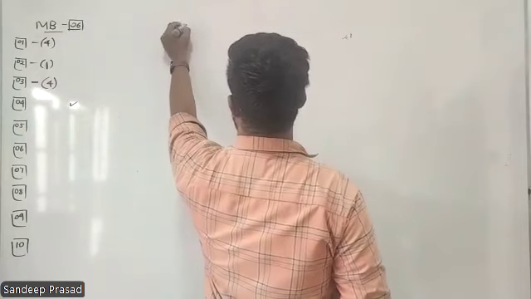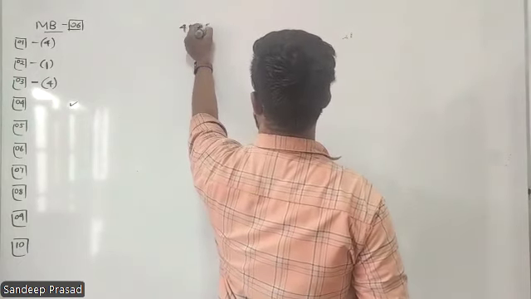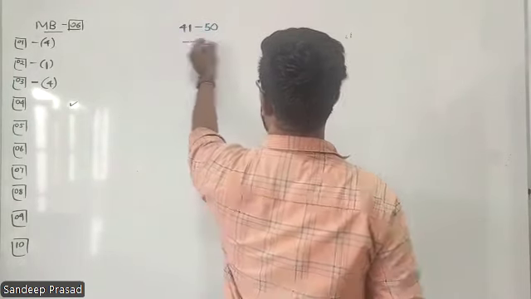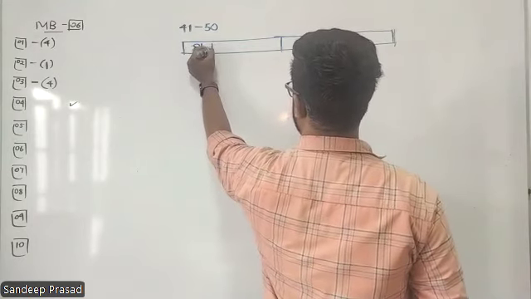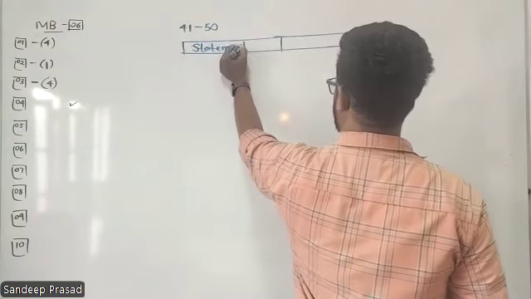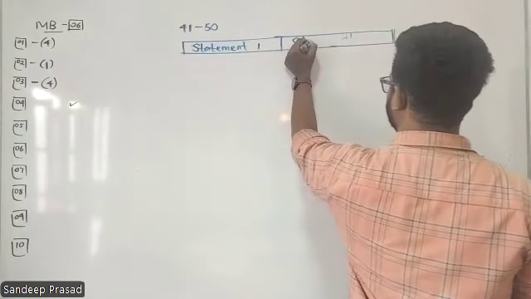Question number 41 to 50. Remember, students, you are given two statements in this way, in the same row within two boxes. So here we have one statement. Let me consider statement number 1. And this is statement number 2.